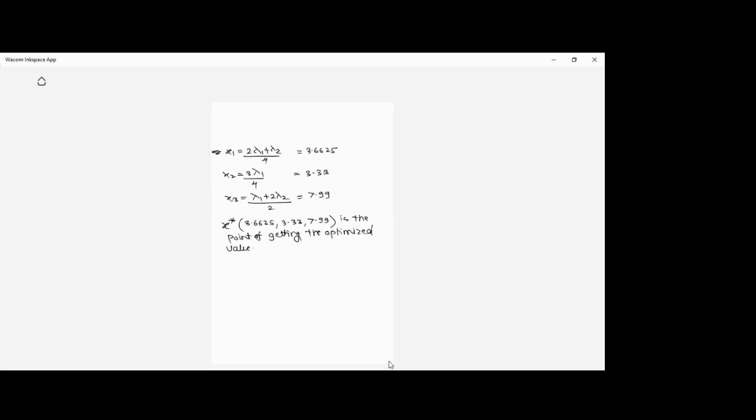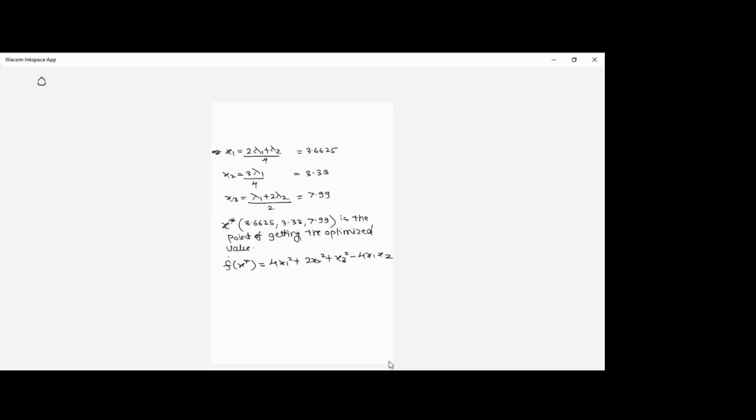right? You can even find out the optimized value, that is f of x star, that you can directly find out. So f of x star is equal to, what is your objective function? It is 4x1 square plus 2x2 square plus x3 square minus 4x1 x2, right?